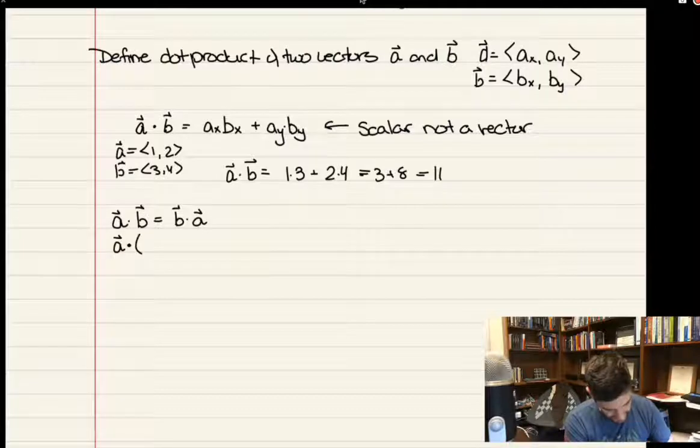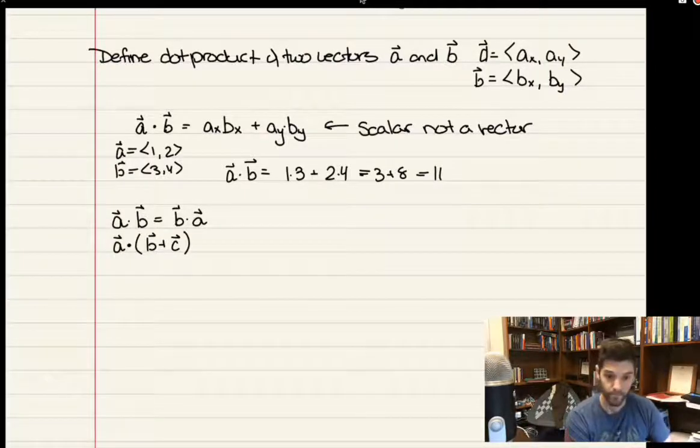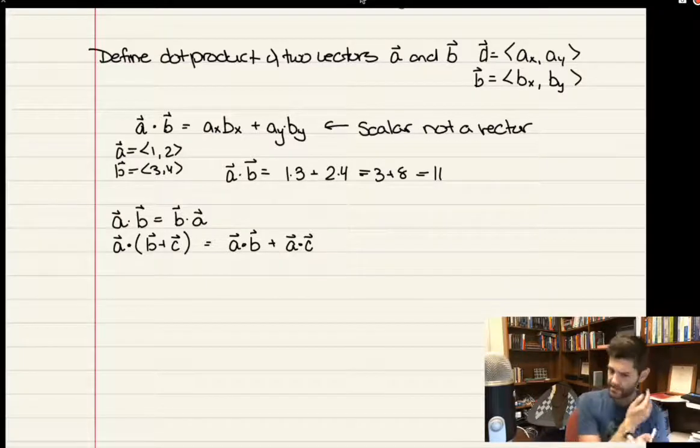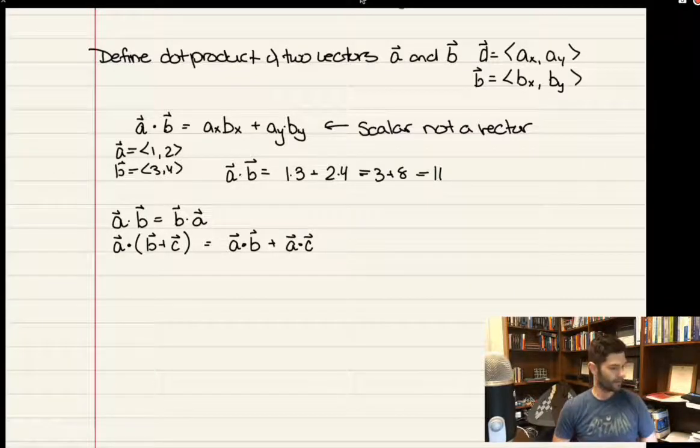If you have A dot (B plus C), that is the same thing as the dot product of A with B plus the dot product of A with C. And you should convince yourself of this. It's easy enough to show a couple examples or prove, if that's your thing, with 2D and 3D vectors.